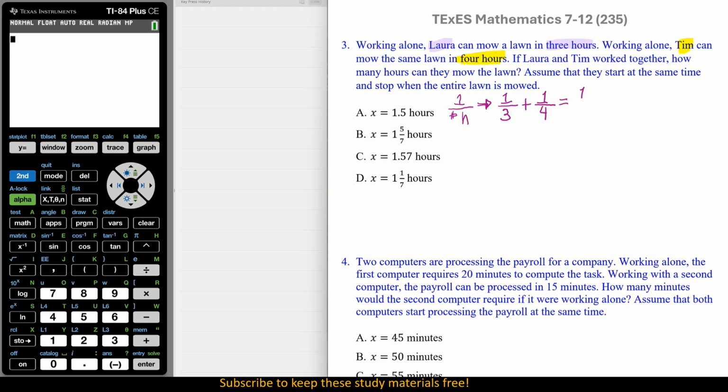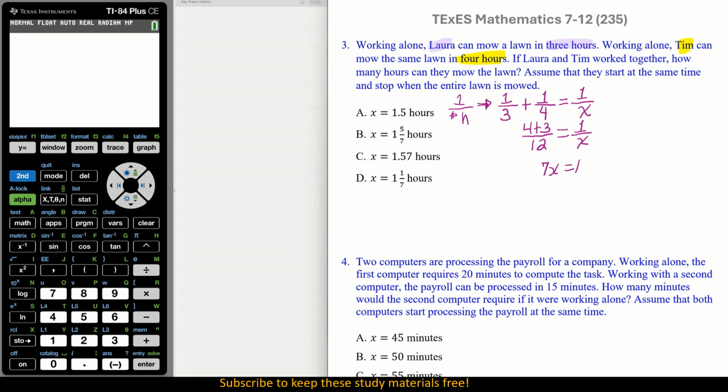And that all equals one job taking, I don't know, x hours. Now you could probably see how to solve this. We have a common denominator of 12, so 4 plus 3 over 12 is equal to 1 over x.